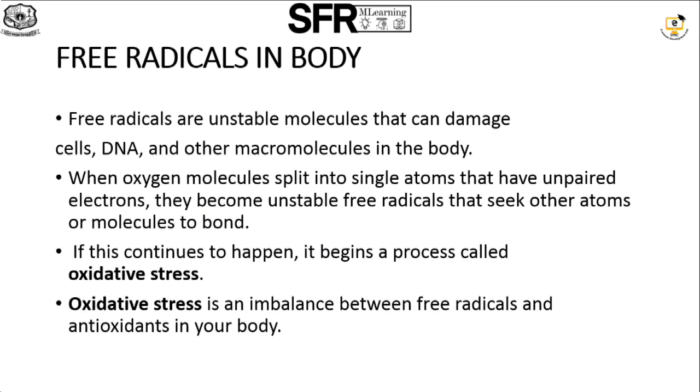Free radicals in the body. Free radicals are unstable molecules that can damage the cells, DNA and other macromolecules in the body. During metabolism, the oxygen molecule splits into single oxygen atoms. The oxygen atom has an unpaired electron, so it has a tendency to form a bond with other molecules or atoms. This process happens continuously and forms oxidative stress.